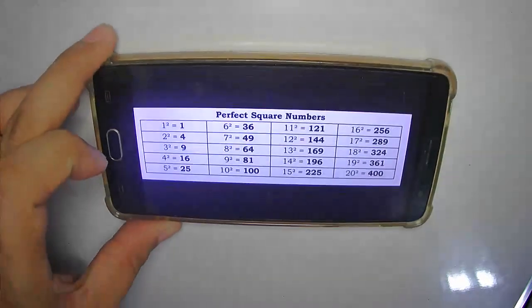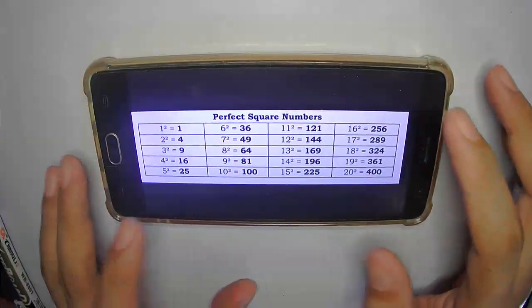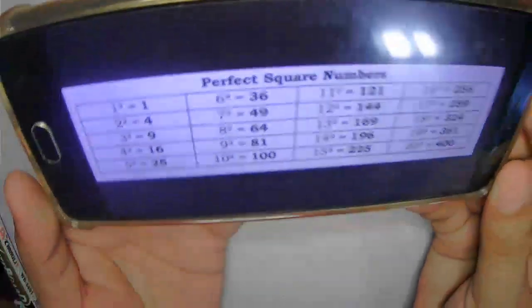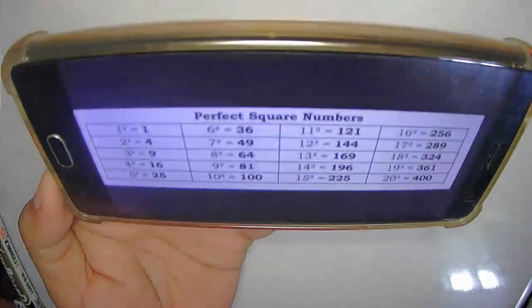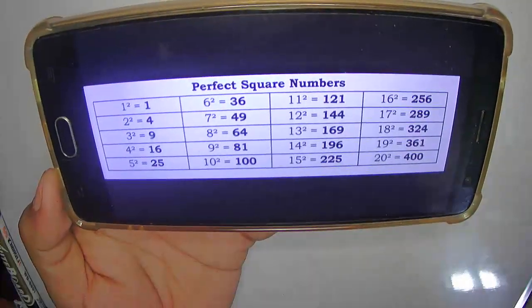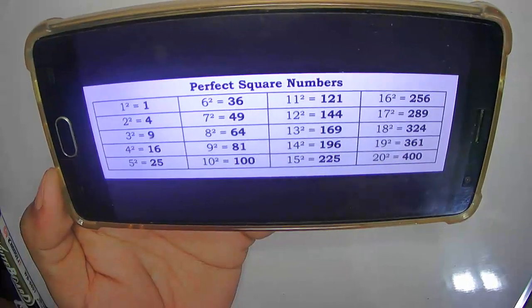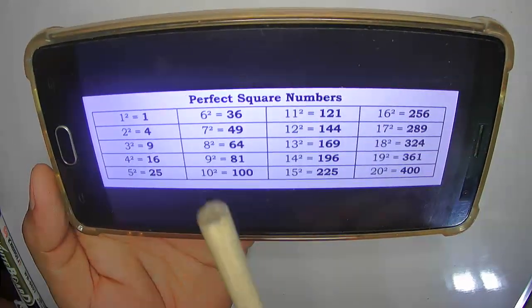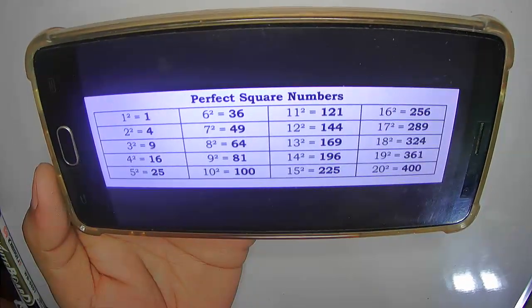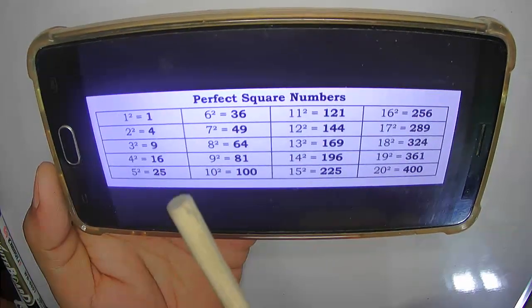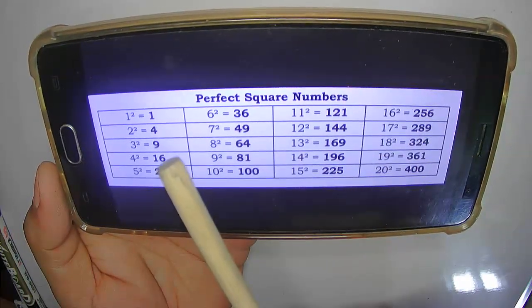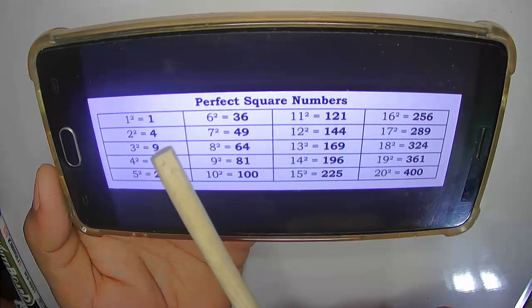Ito ay tinatawag nating perfect square numbers. Okay? So, ito yung mga perfect square numbers natin. Ba't natin kinuha tong perfect square numbers? Kasi pagka ang mga perfect square numbers ay mga rational numbers. Okay?